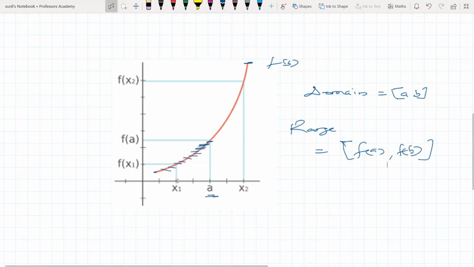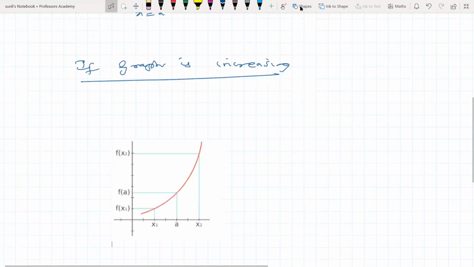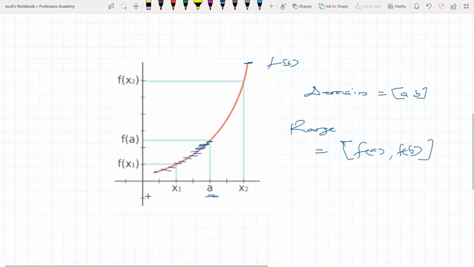Also, in an increasing function, the derivative is positive. If you draw any tangent, the tangent will make an acute angle with the x-axis. That is the concept of tangency.